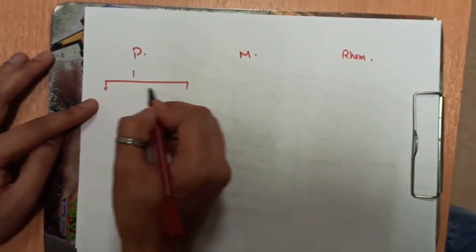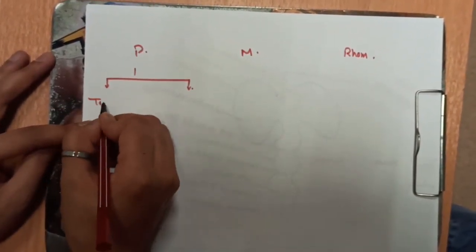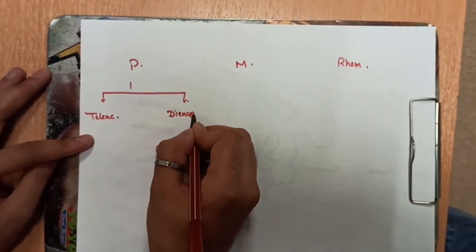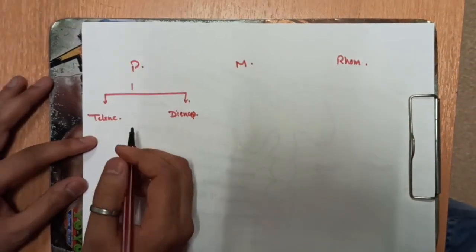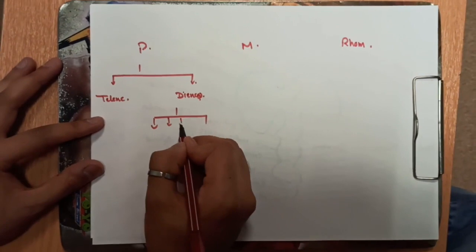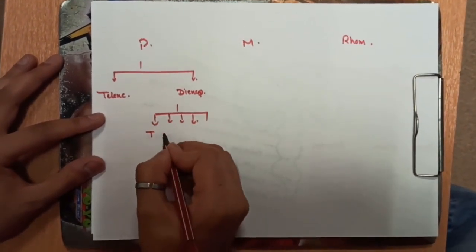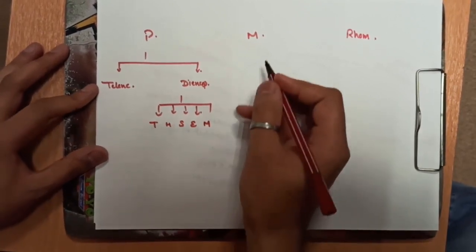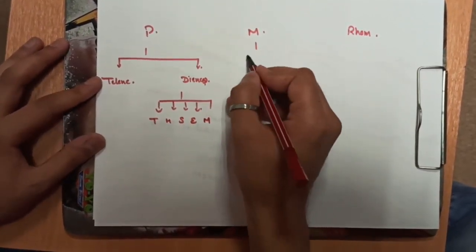Prosencephalon will be divided into telencephalon and diencephalon. Diencephalon, as I have already told you in the classification of the nervous system, consists of 5 parts: thalamus, hypothalamus, subthalamus, epithalamus and metathalamus.